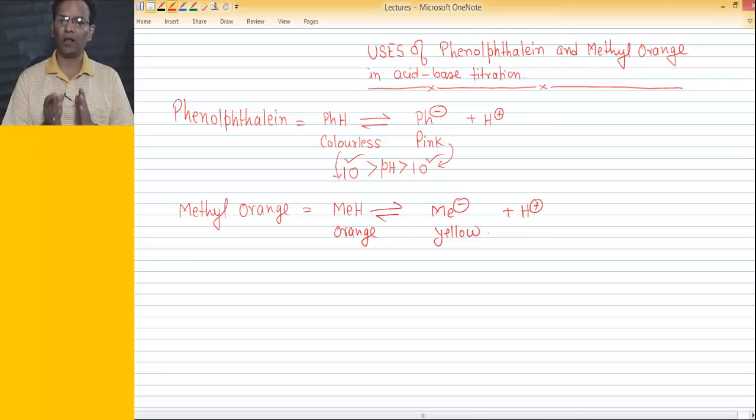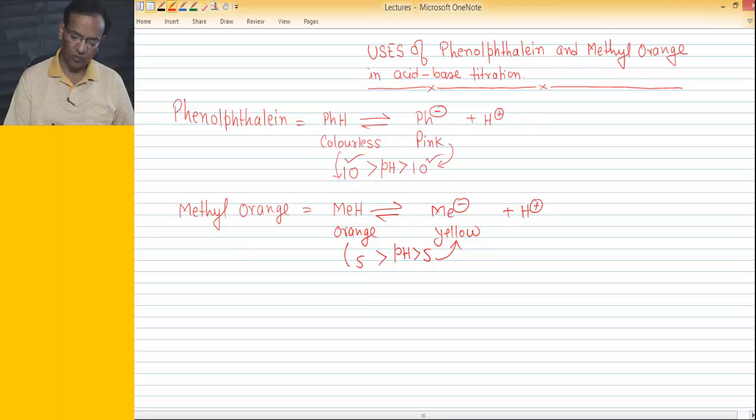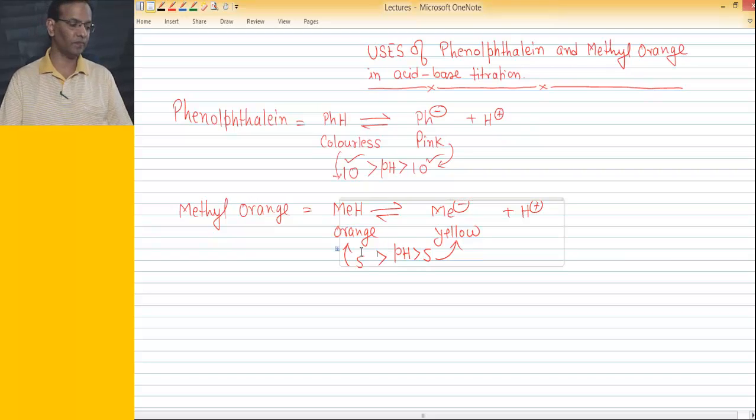And this methyl orange changes its color at about pH 5. So if pH is greater than 5, the solution will be yellow, and if pH is less than 5, the solution will be orange. So these are the basic facts about the color of phenolphthalein and methyl orange.